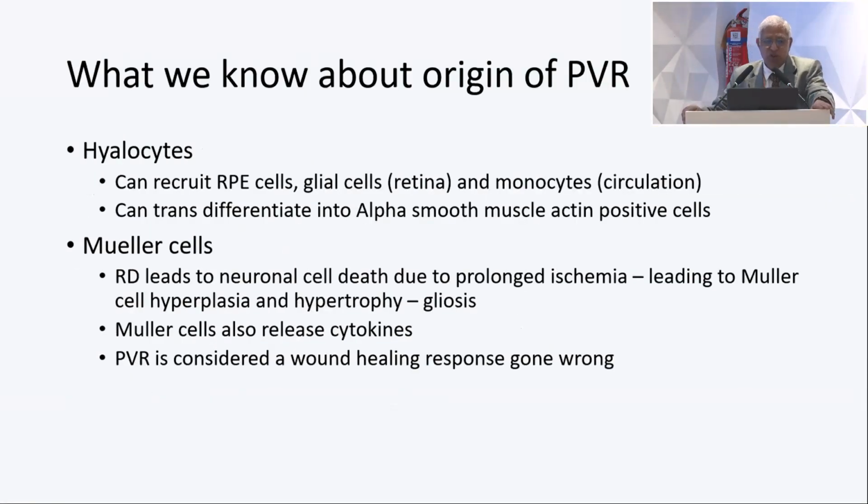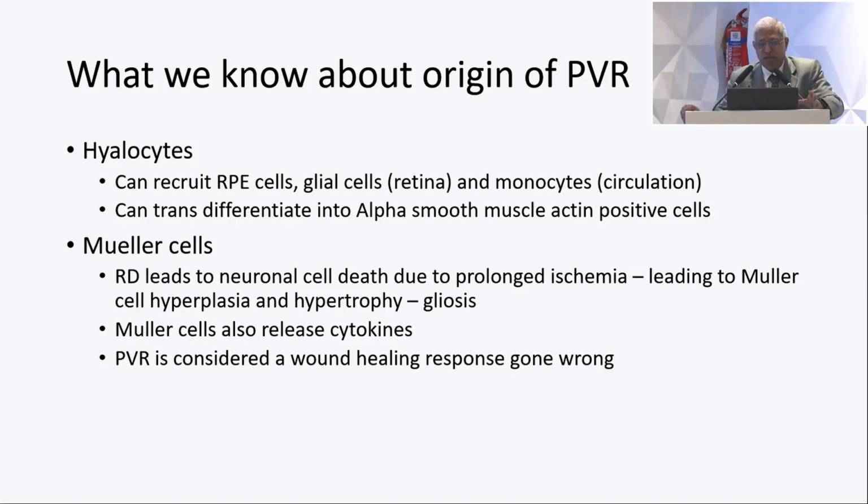Yeah. So there are also other cells which are not as evident in the literature and in our knowledge. They are the hyalocytes and Mueller cells. Hyalocytes, the concept is that there are cells in the anterior hyaloid which can actually recruit retinal pigment epithelial cells.